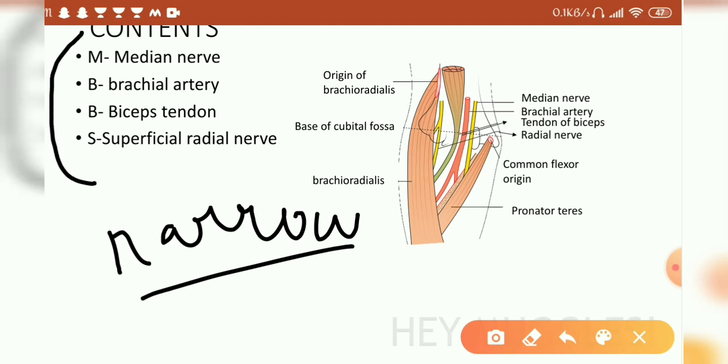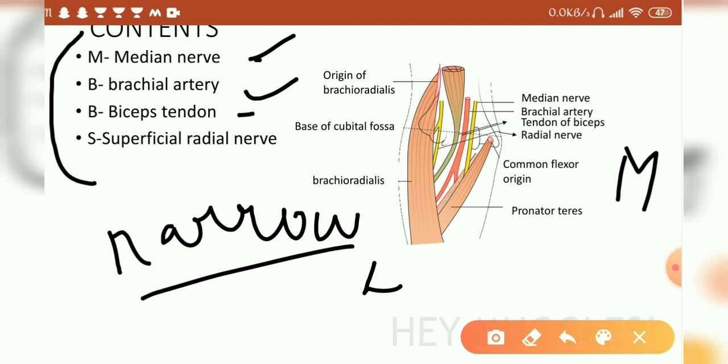We can remember the contents by the mnemonic MBBS. M stands for your median nerve. This is your medial side and this is your lateral side. So M is for your median nerve. B is for brachial artery, B for biceps tendon and S for superficial radial nerve. So all the contents are marked in this diagram. That is very much clear to all of you, right? So when we move from medial to lateral side, you can remember the contents of cubital fossa by the mnemonic MBBS, right?